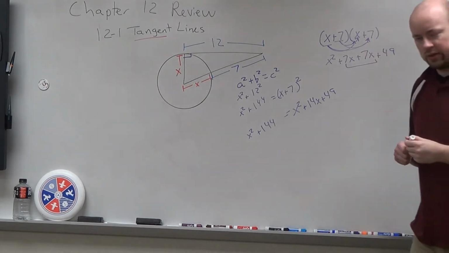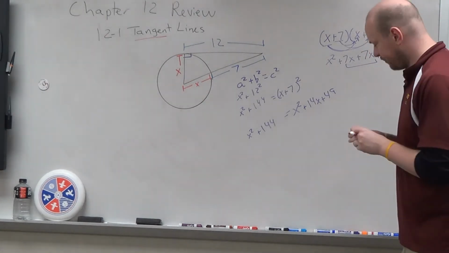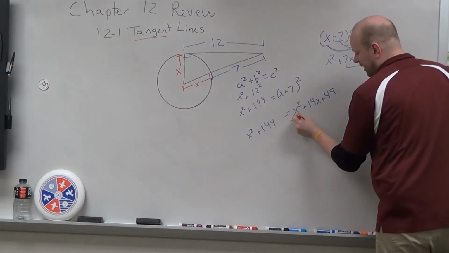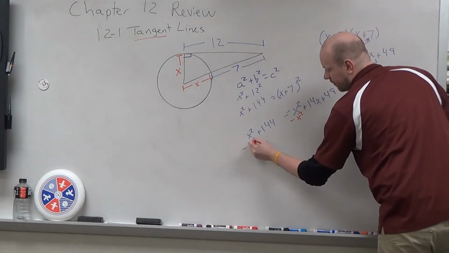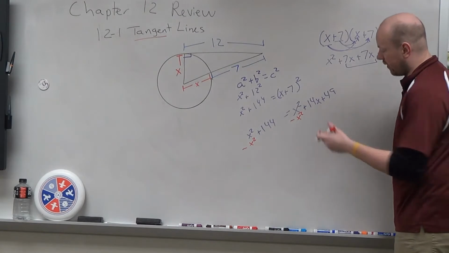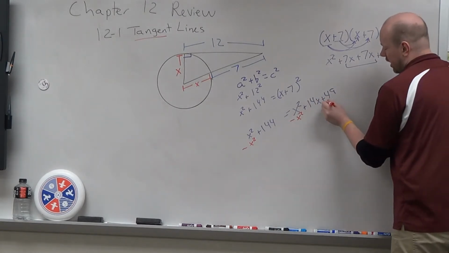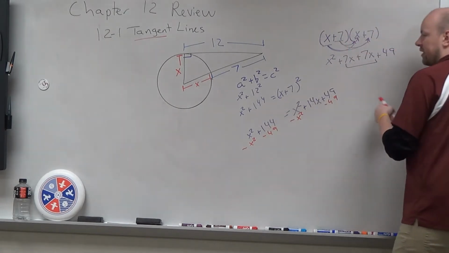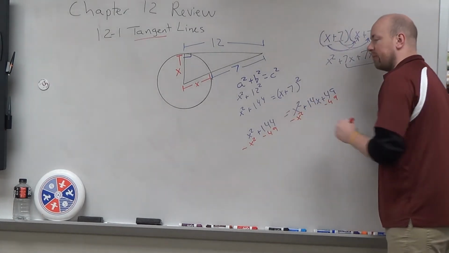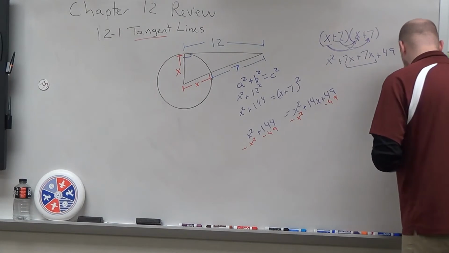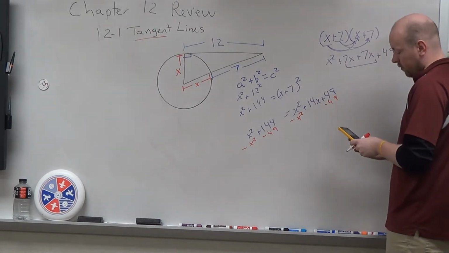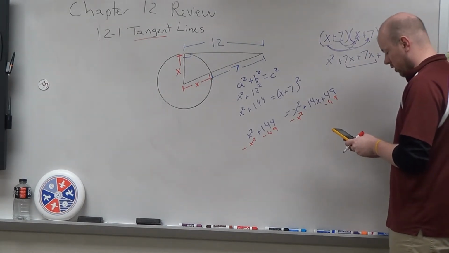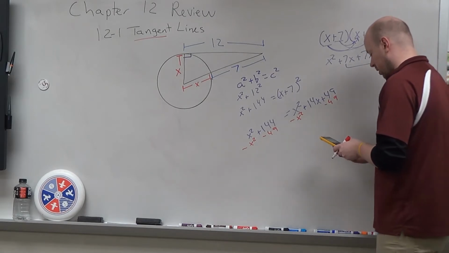Now I'm going to do some algebra to try to solve for my x. I can subtract x squared from both sides. x squared minus x squared, 0. I can subtract 49 from each side. 49 minus 49, 0. 144 minus 49 is 95.